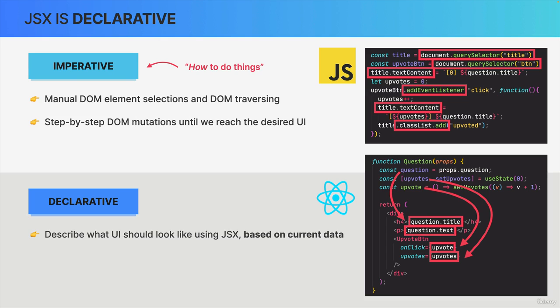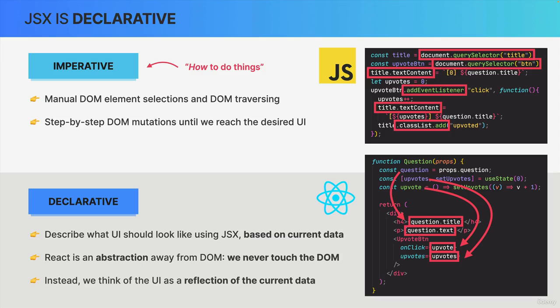And all that happens without any DOM manipulation at all. So there are no query selectors, no add event listeners, no class list, no text content properties anywhere to be seen here. Because in fact, React is basically a huge abstraction away from the DOM, so that we developers never have to touch the DOM directly.